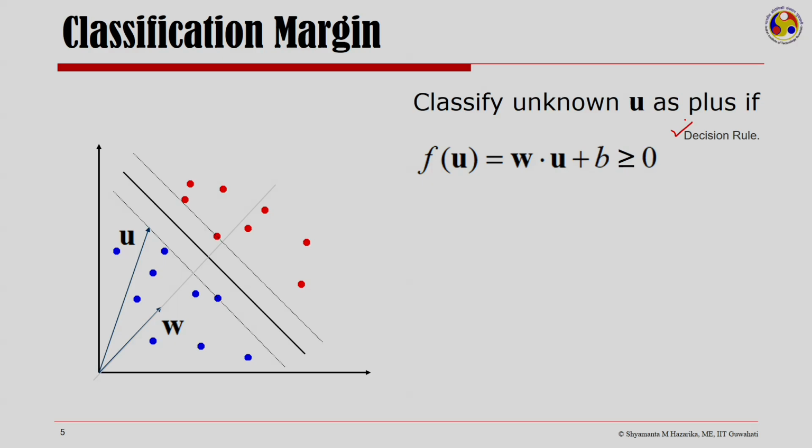So, let me repeat what our decision rule is and how we go about getting to that. First, we think of a vector w that is perpendicular to the median of the street that we want to fit in between the positives and the negatives, and u is a vector that is pointing to an unknown.